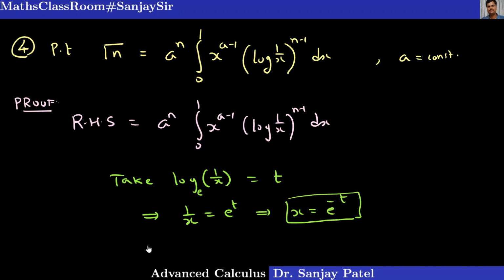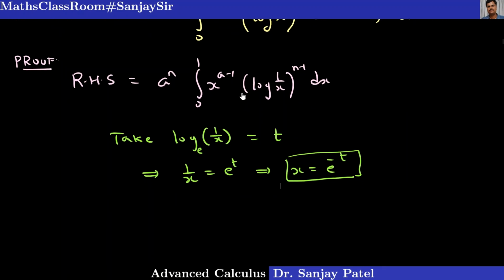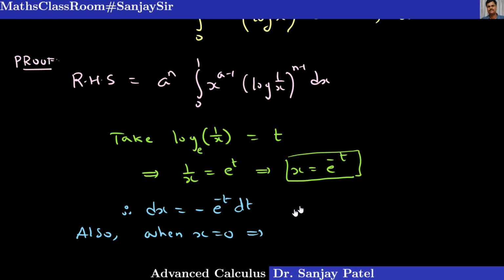And now finding derivative, to replace this dx, I can write dx is equal to minus e raised to minus t into dt. Okay, and also when x is equal to 0, if I put x equal to 0 here, then what is the value of t?